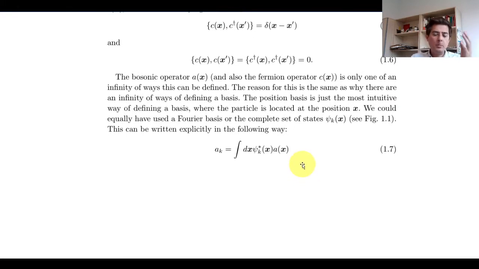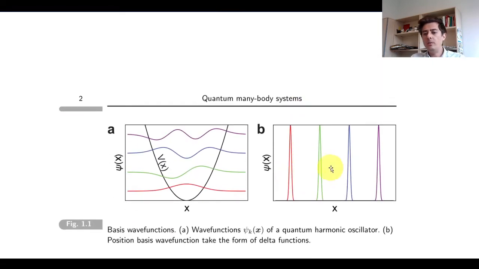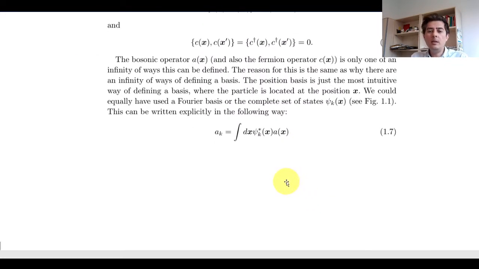So position is really just one particular type of orthogonal wave function, because of course if you take the overlap of these wave functions at different positions, they would be orthogonal. But we don't have to just have wave functions at particular positions. We could easily also have different types of orthogonal states.